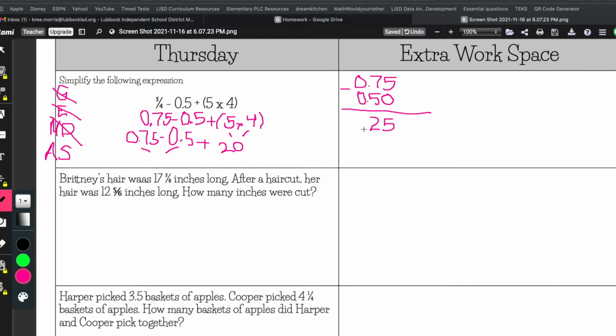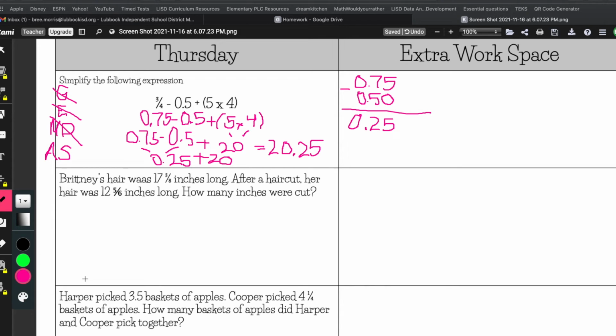Bring down your decimal. Bring down your 0. Okay, and our last step is to add 20 to 25 hundredths, which gives us a final answer. Sorry, my hands are cramping up from writing on this thing. 20 and 25 hundredths.